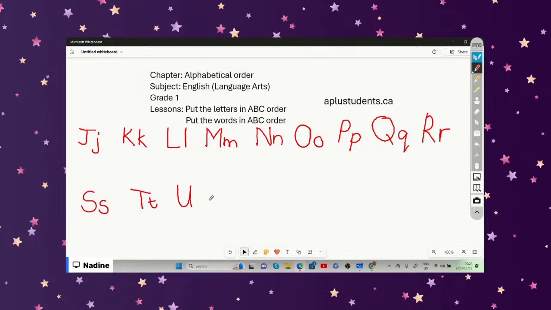U, or we can say it's U, like for umbrella. Then we have V. W, W for water. X for xylophone.